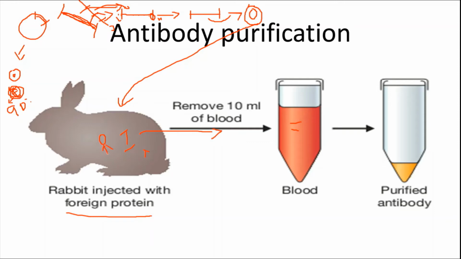Okay. Yes. The first antibody is called the primary antibody. Similarly, the primary antibody is once again isolated and injected into another animal. This primary antibody acts as antigen and produces secondary antibody.